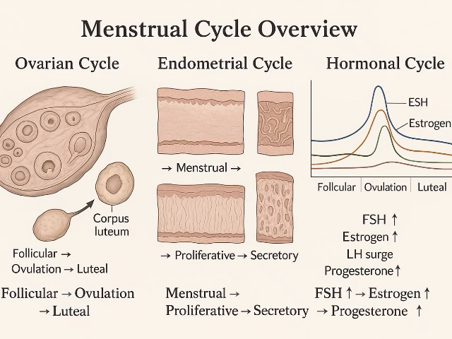Another name for the fertilized egg is the embryo. The hormonal cycles: in the follicular phase, the follicle stimulating hormone increases until it reaches a peak just before ovulation.